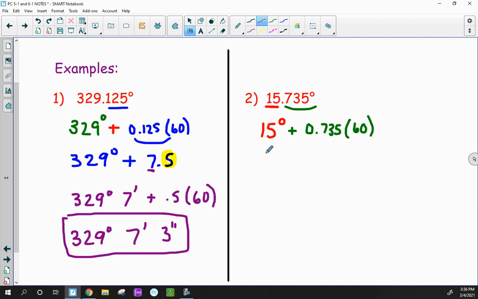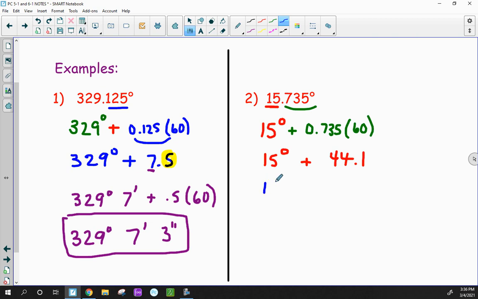Next step, drop your 15 degrees down. You're going to calculate 0.735 times 60. On your calculator, you should see 44.1 right now. I want you to record what you see.